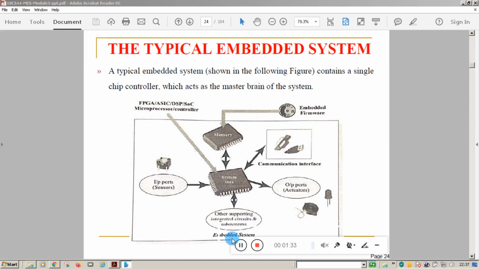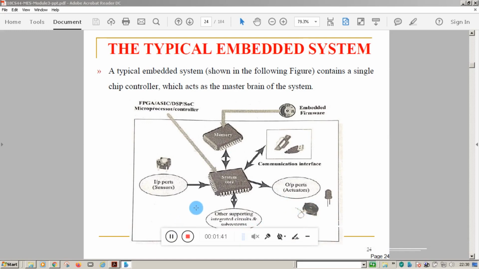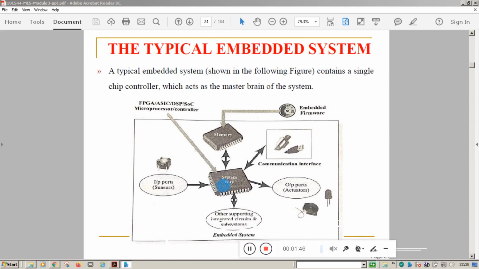So you can see from the diagram, this is the core of the system.